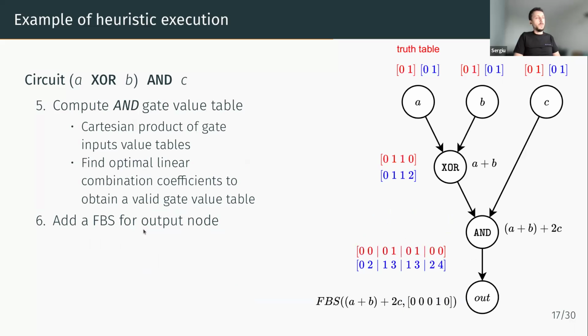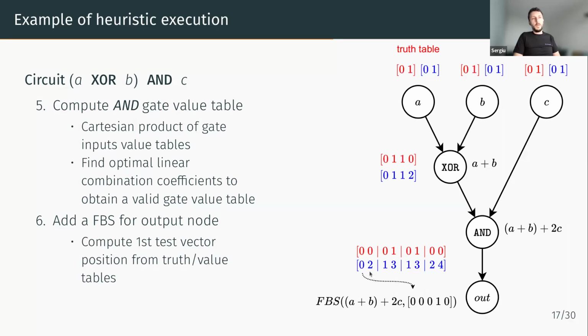So in order to do it, we introduce a functional bootstrapping, which takes as input the linear combination of node n, A plus B plus 2C, and a test vector, which is built starting from the truth table and the value table of node n. The element at a position from the value table will have a corresponding value from the truth table.